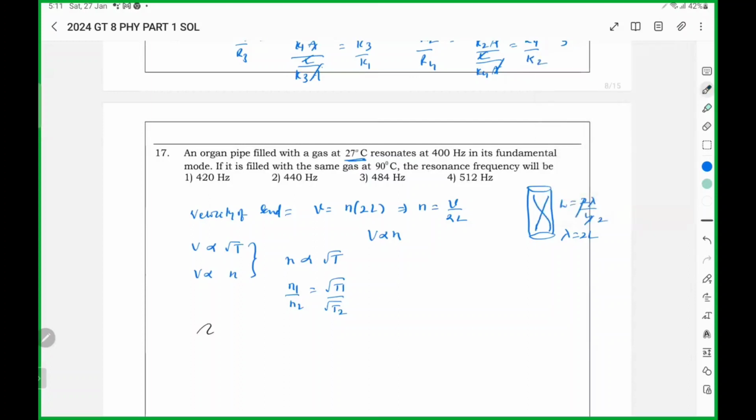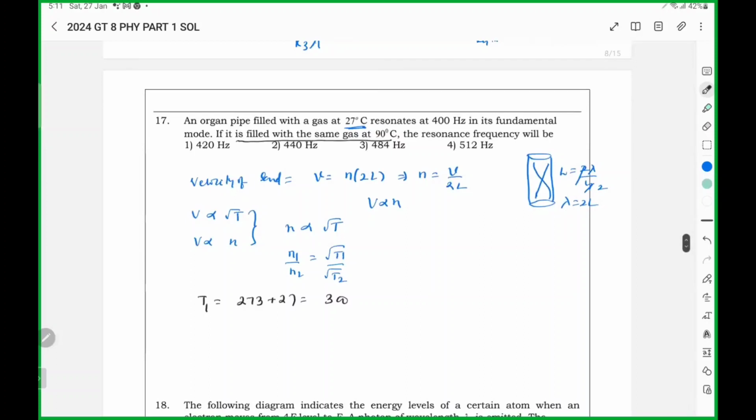Now, T1 we have to take in the absolute scale. So we add 273, which is 300. It is filled with the same gas at 90, then T2 will be 273 plus 90. We get 363.